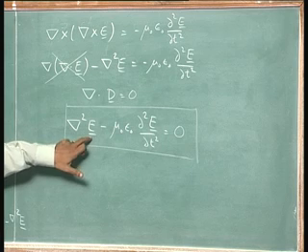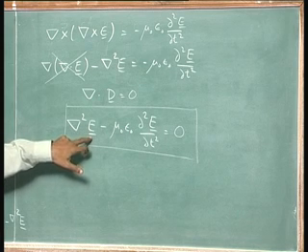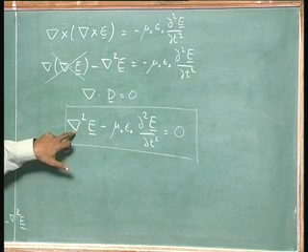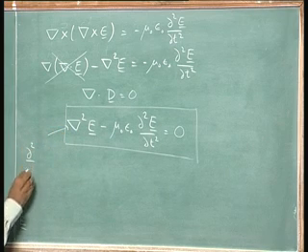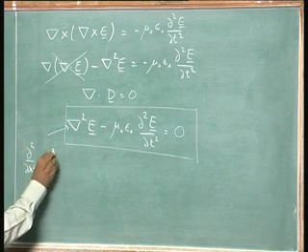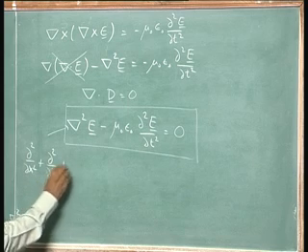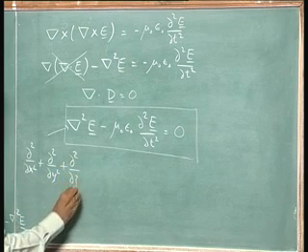Supposing the electric field depended only on z, then this del squared is del squared del x squared plus del squared del y squared plus del squared del z squared.